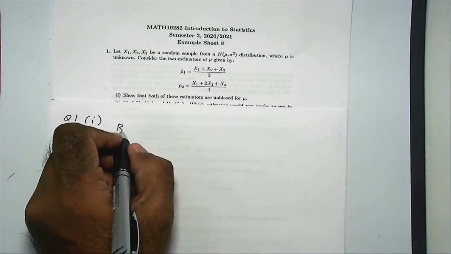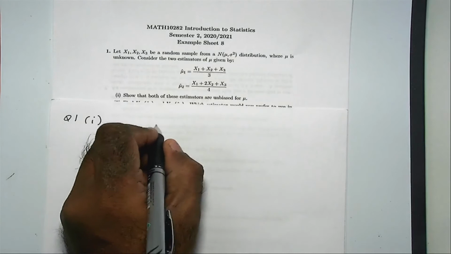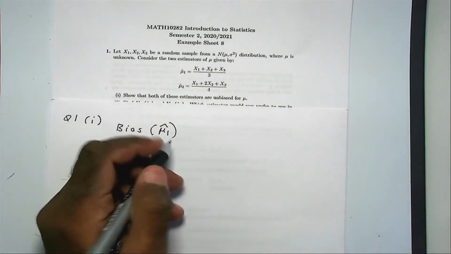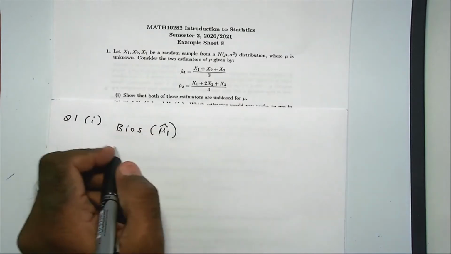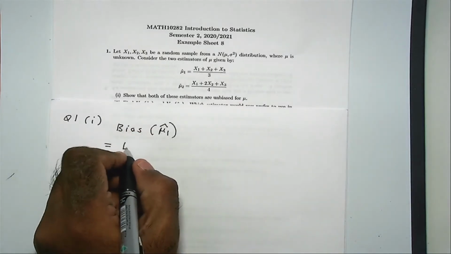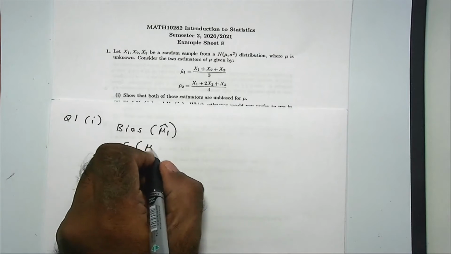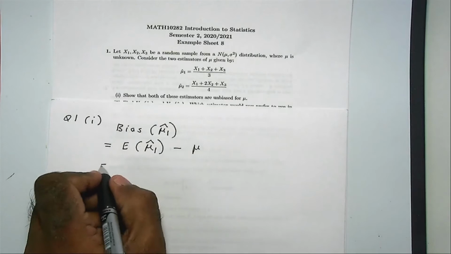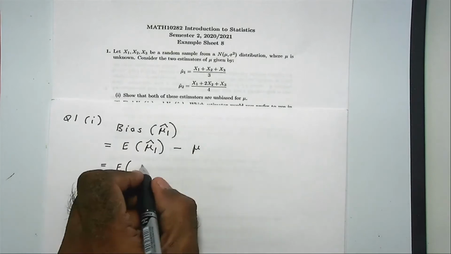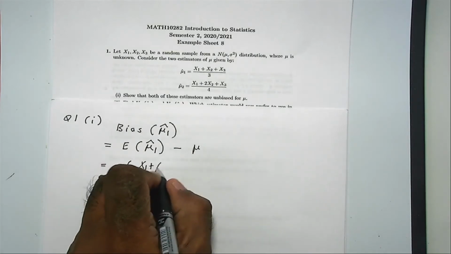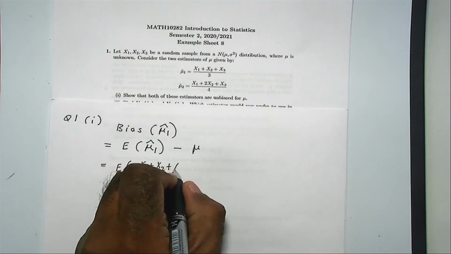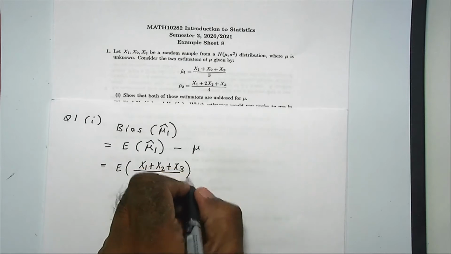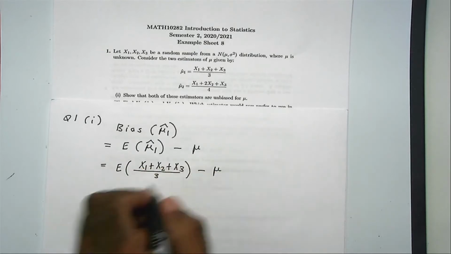So we need to show that the bias of this and the bias of the other one are both equal to 0. Alright, so okay.